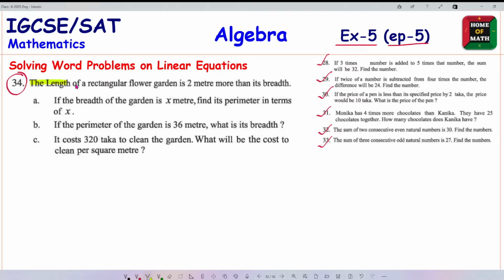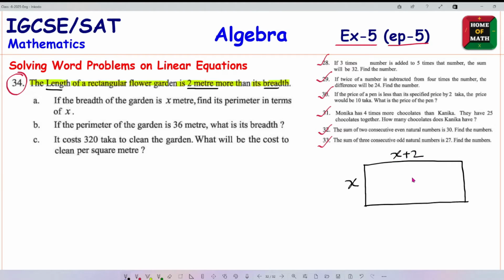The length of a rectangular flower garden is 2 meter more than its breadth. So we can draw a garden. This is a rectangular. Here mention the length is 2 meter more than breadth. So let's consider this is breadth and 2 meter more means x plus 2.